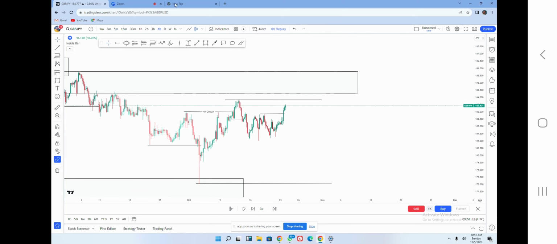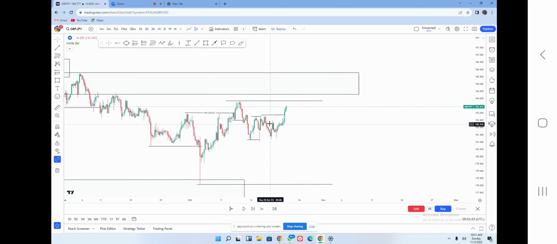This one broke, and I want to show you another thing. This candle, this area broke and took liquidity from all of these lows. We have a low here, we have a low here, took the liquidity and caused a minor break of structure. If you look at it from here, it broke this structure to the upside and then formed a change of character.